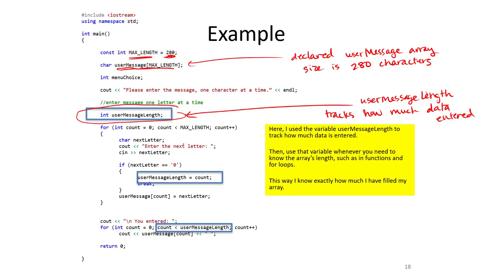So in this case, you can see what the user is doing. Here, the user is supposed to enter their message 1 character at a time and then enter 0 to stop. So once the user enters 0 at the end of their message, then we assign user message length the value count. So basically here we're saying, okay, our user has entered however many letters, that is the length. And then we have a break statement to exit.